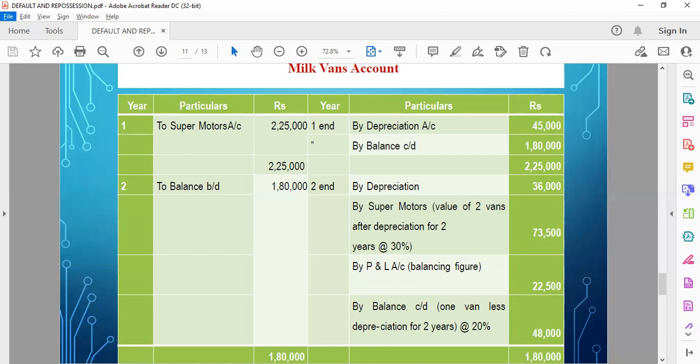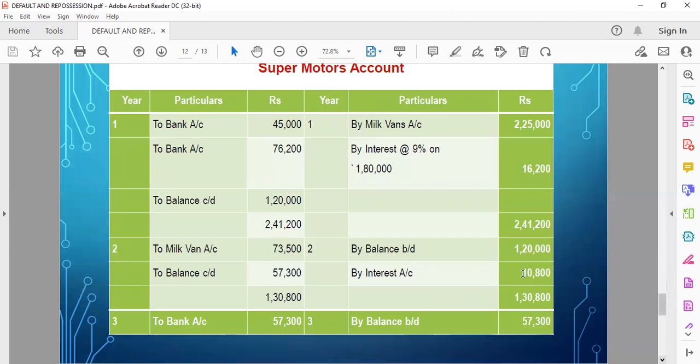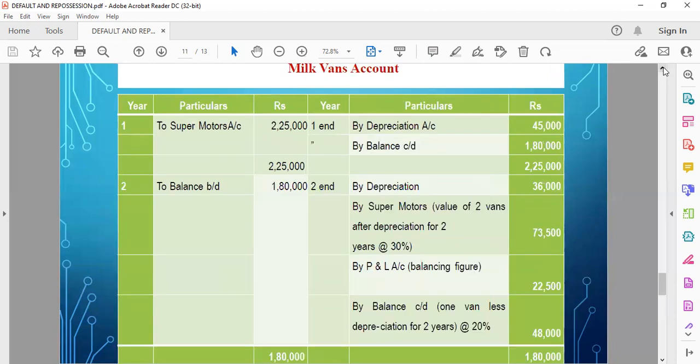We should find out how much is the profit of the particular company. So next you come to this next calculation. In the next calculation, we should find out how much is the profit or loss. See here, I have given one more workings.